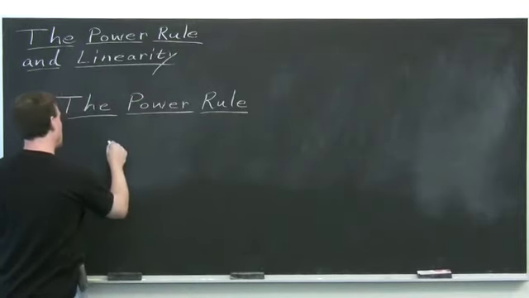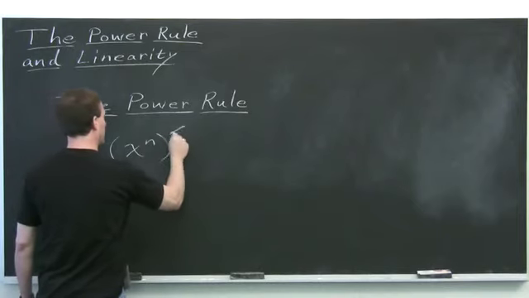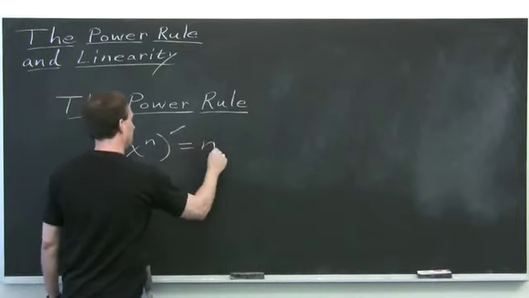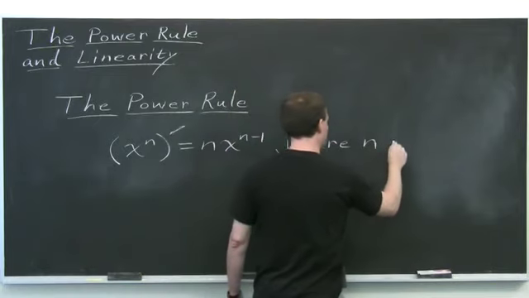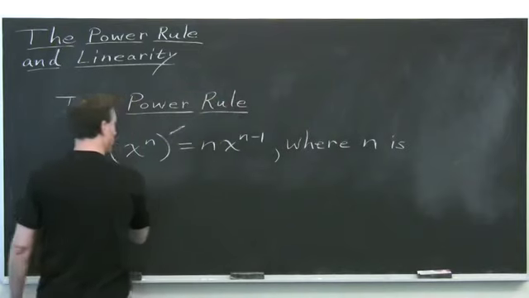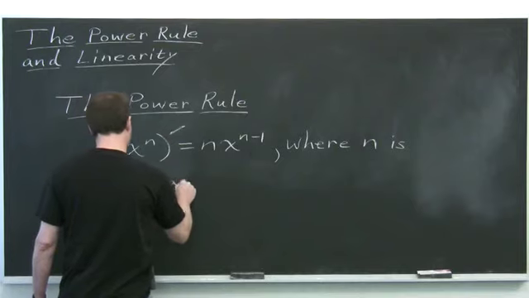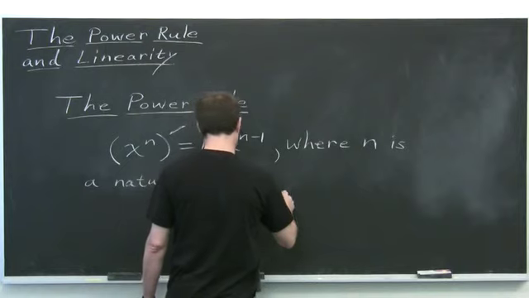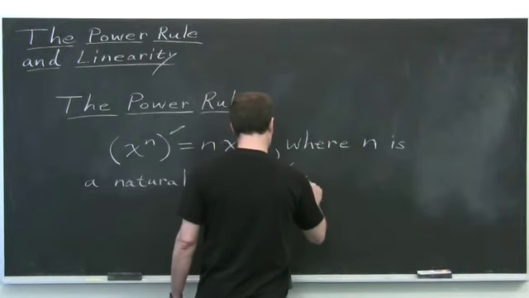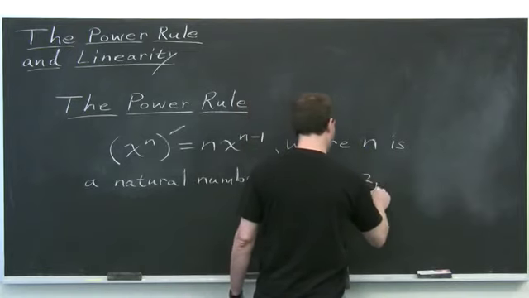So the power rule. It simply says the derivative of x to the n is n x to the n minus 1. And right now I mean this where n is a positive integer, a natural number: 1, 2, 3.